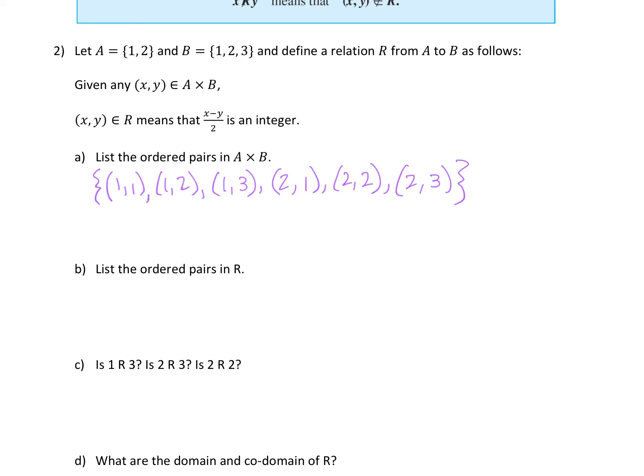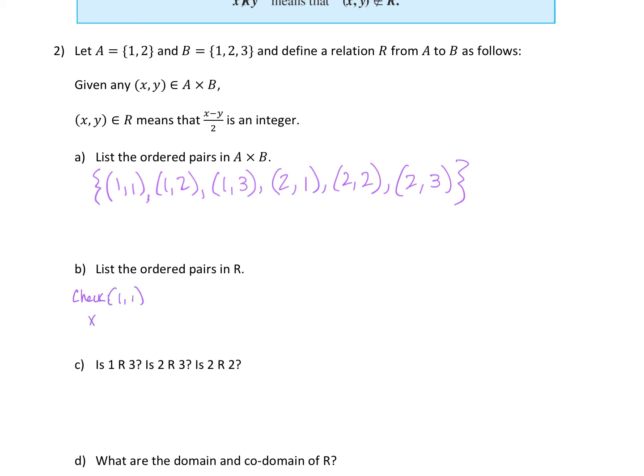Okay, so R is a subset of A cross B, and each point lives in R if and only if you do x minus y and divide by 2 and get an integer. So of these 6 points, which of them satisfy this criteria? So let's just check. We'll write it out for a couple. 1 comma 1.